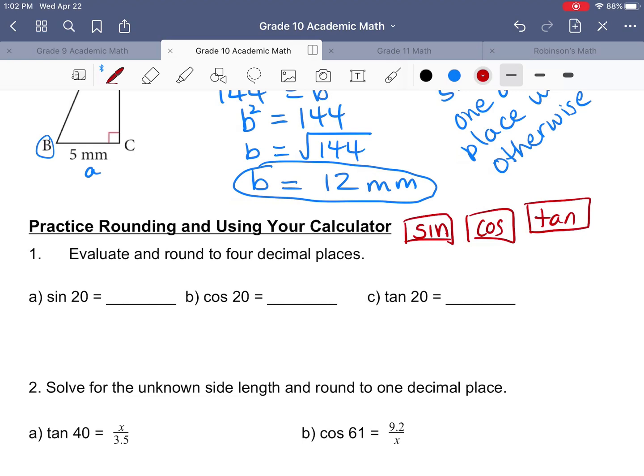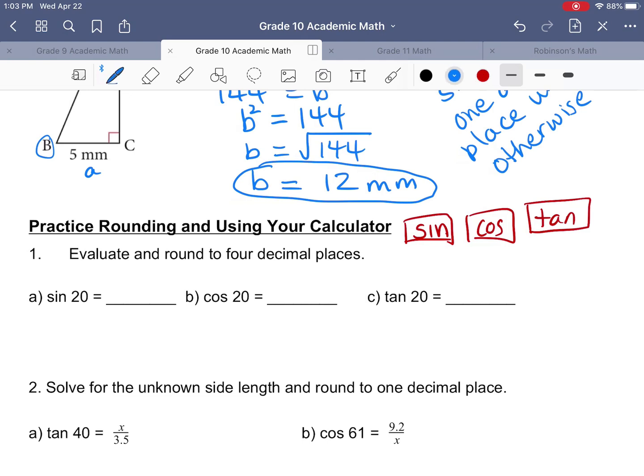For question 1 here, we're going to evaluate and round to 4 decimal places. So we're literally just punching in sine 20 in our calculator. I think I'm going to have to write below because I'm not sure I'm going to have room on these lines here.